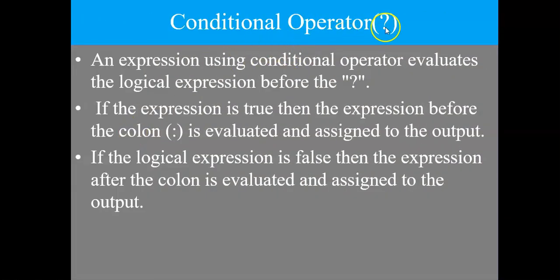Conditional operator, that is a question mark. An expression using conditional operator evaluates the logical expression before the question mark. If the expression is true, then the expression before the colon is evaluated and assigned to the output. If the expression is false, then the expression after the colon is evaluated and assigned to output.